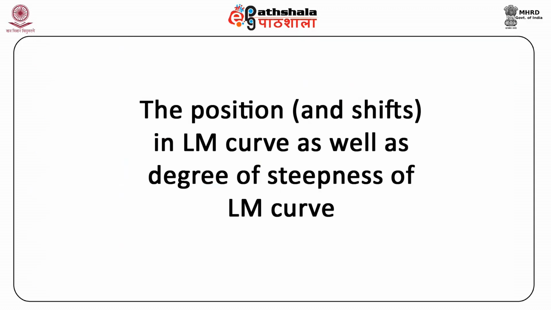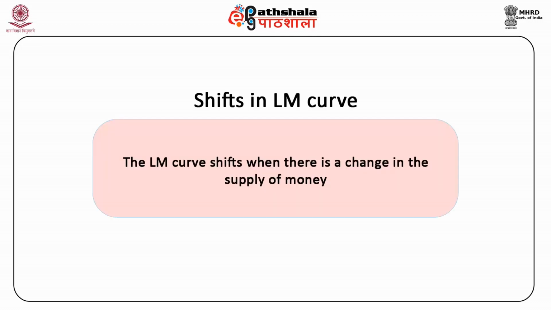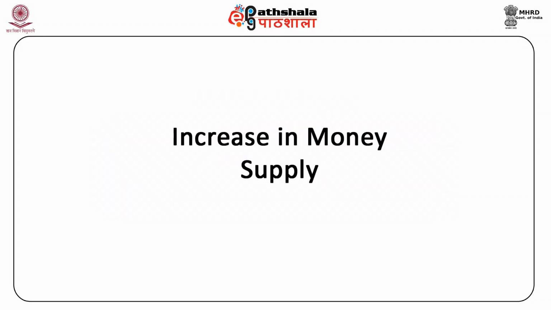We now turn our attention to the position and shifts in LM curve as well as degree of steepness of LM curve in the next two subsections. Shifts in LM curve. The LM curve shifts when there is a change in the supply of money. Let's see the effect of increase in money supply.